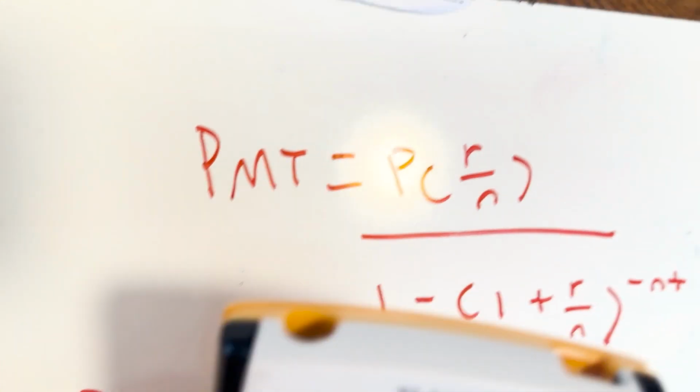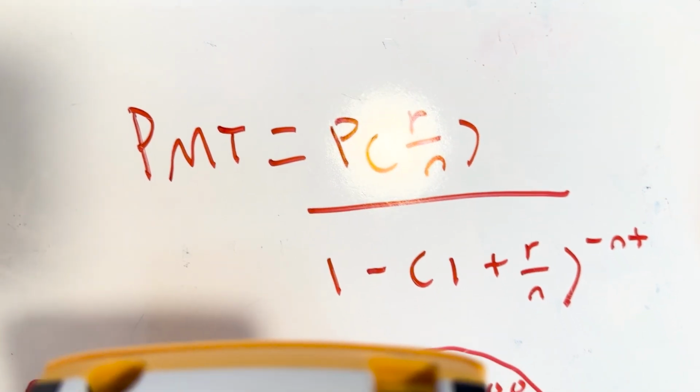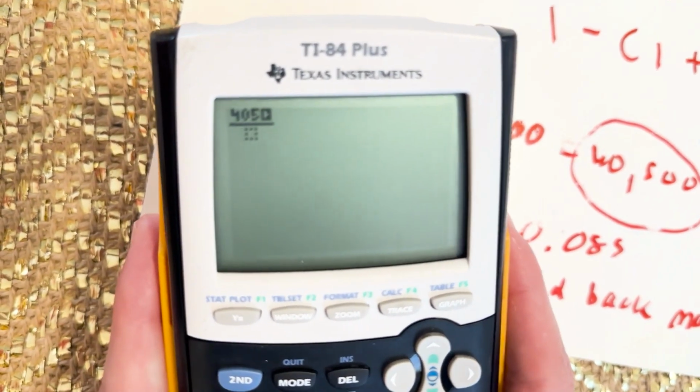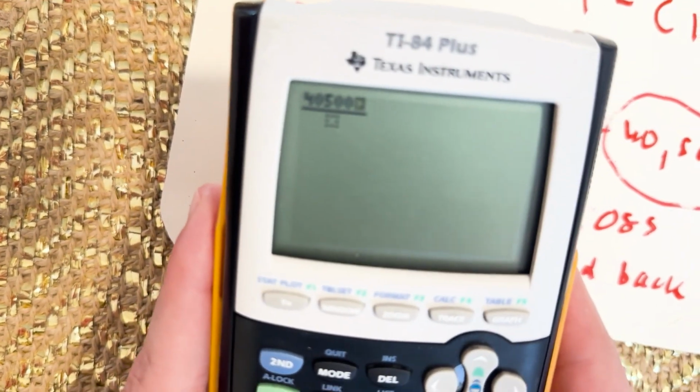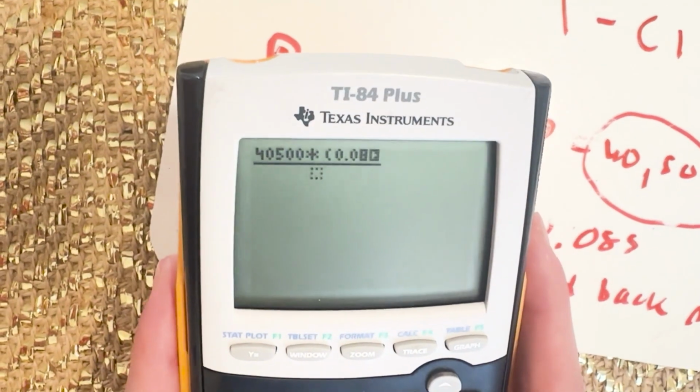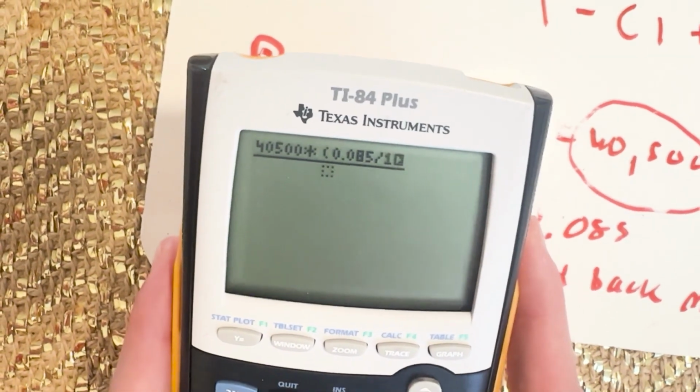You need to do alpha y equals. Go ahead and put a fraction right there. So 4,500, because that's what he's going to have to pay now, times the rate, which is 8.5%. I'll put it into decimal form.